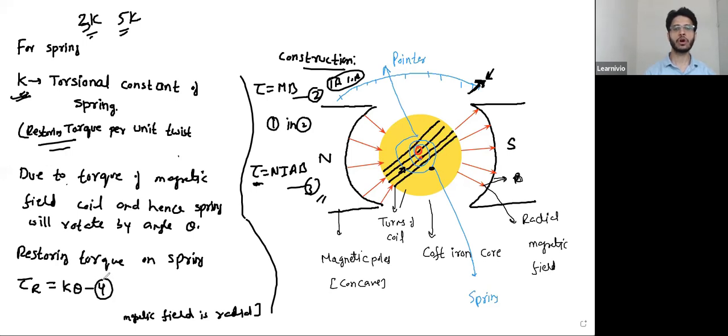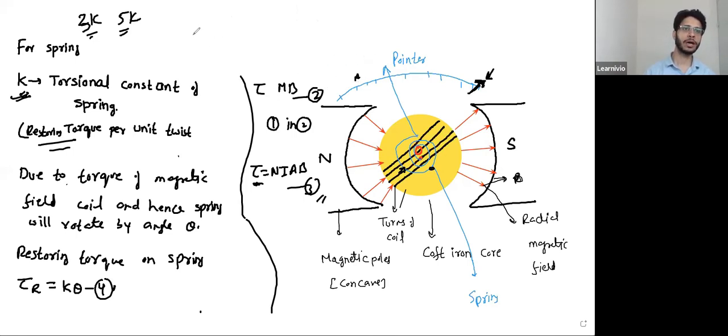So two torques are acting on the spring basically. One torque due to the magnetic field, which is trying to rotate this spring.